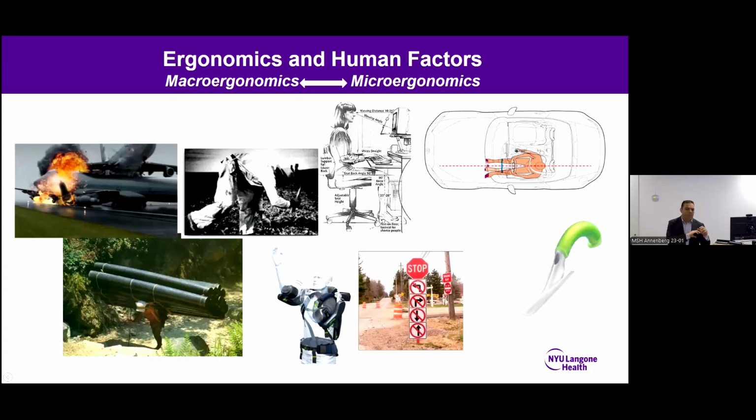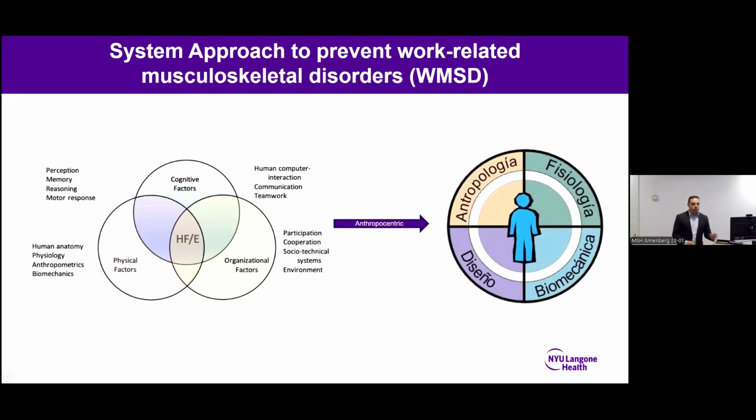Ergonomics can go from macroergonomics to microergonomics. We have ergonomists doing cognitive ergonomics, studying human error, designing tools, designing airplane cockpits, you name it, it's everywhere. We have ergonomists designing phones, but everything is focused on the person because it's an anthropocentric discipline.